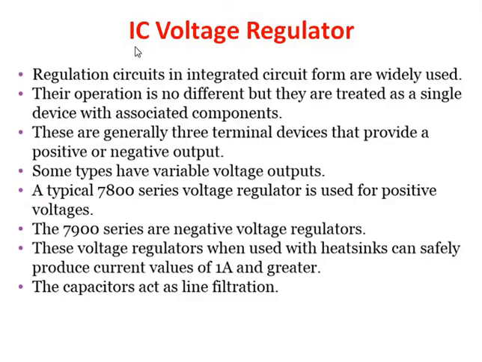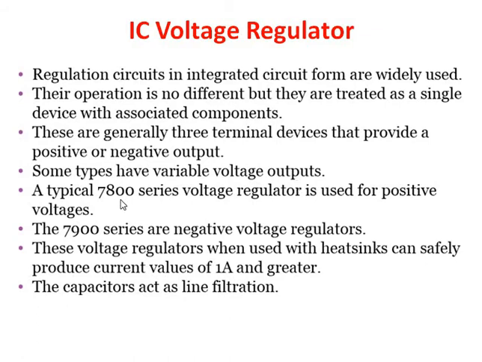Now the IC voltage regulator. The regulator circuits in integrated circuit form are widely used. Their operation is no different, but they are treated as a single device with associated components. These are generally 3-terminal devices that provide a positive or a negative output voltage. Some types have variable voltage outputs.